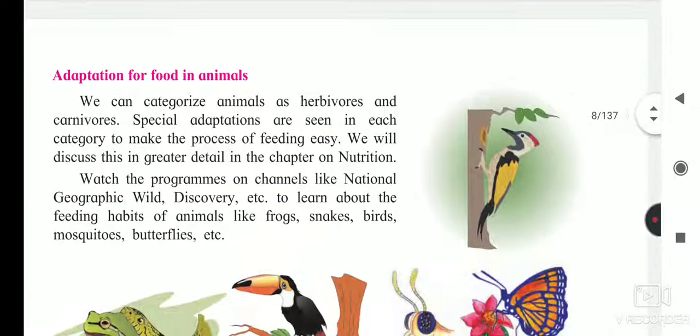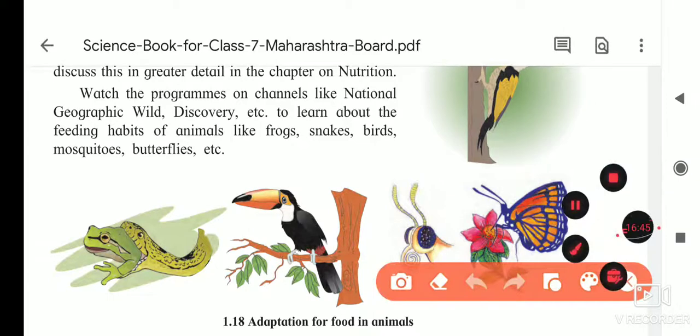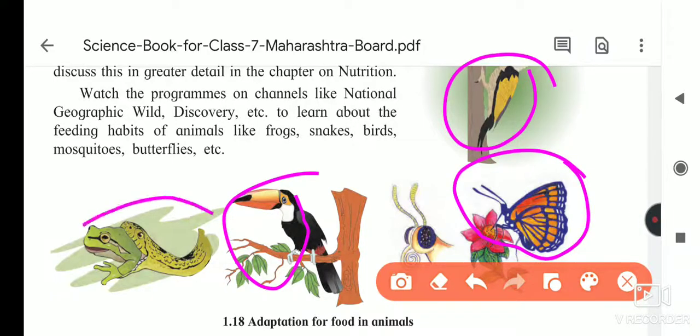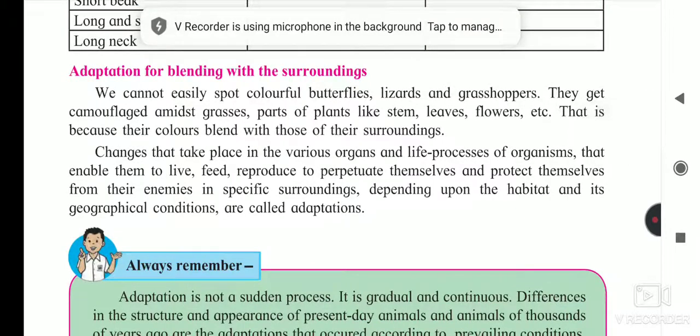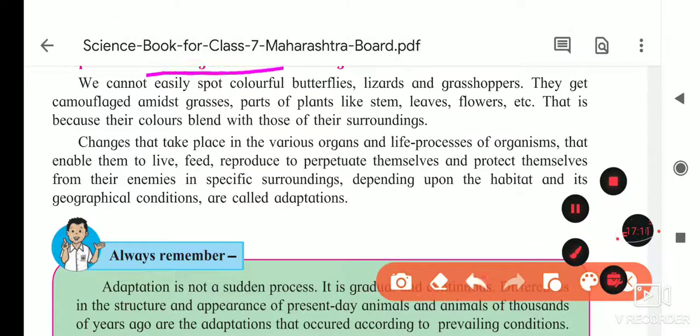Now moving towards adaptations for food: see here the teeth or beak of this bird, and the butterfly's color is attractive and matches its surroundings. Some animals have a proboscis, while some eat whole animals directly. These adaptations are seen in animals that crawl. The adaptation for blending is the tendency of blending with the environment.